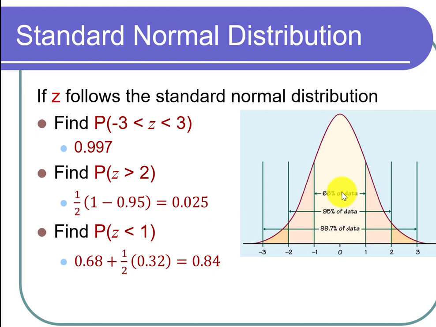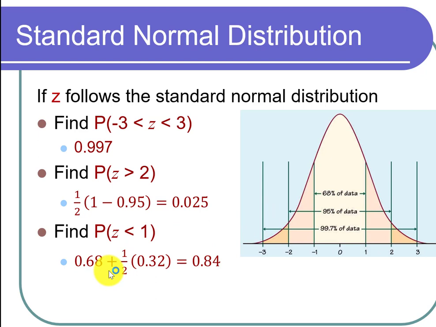So if I combine this left and the right, I get 0.32. Half of that will give me just the left. So I take the 0.68, this middle area, plus 1/2 times 0.32, this left area, and that gives me my total area to the left of 1.